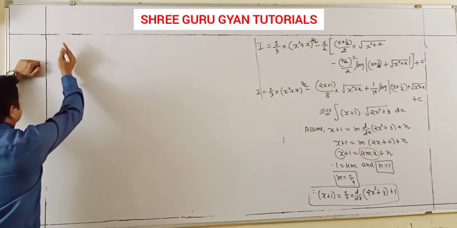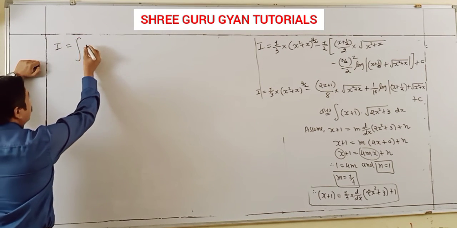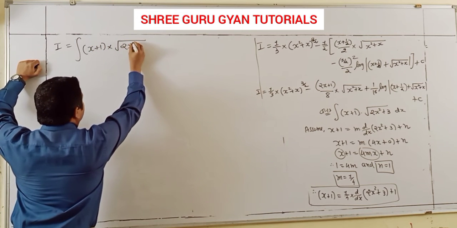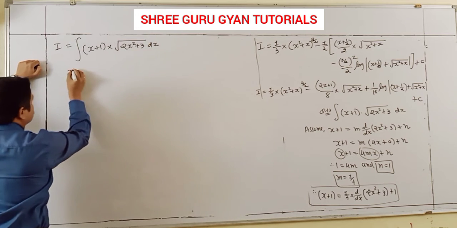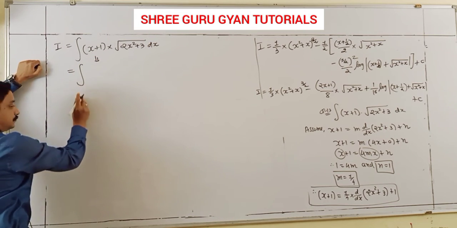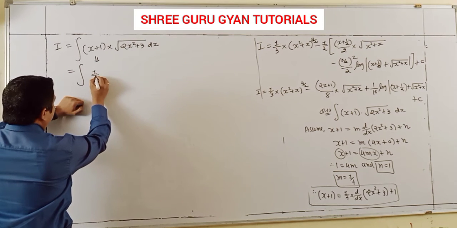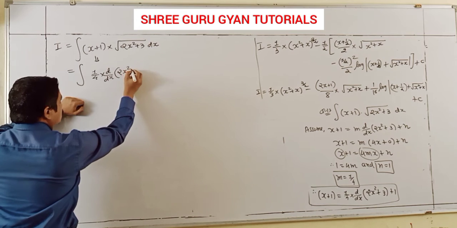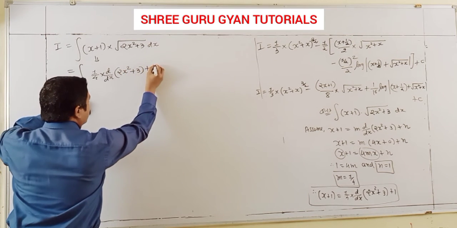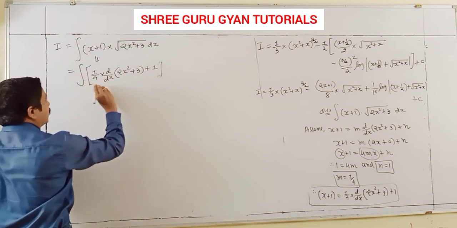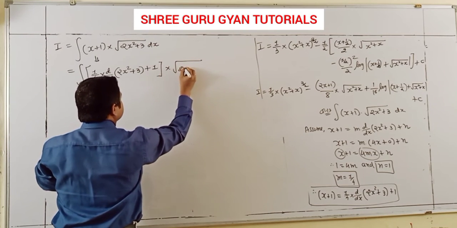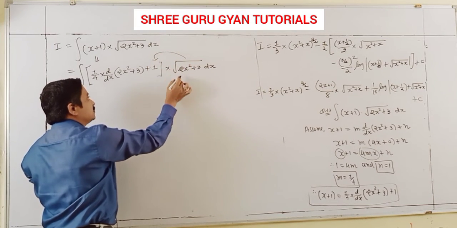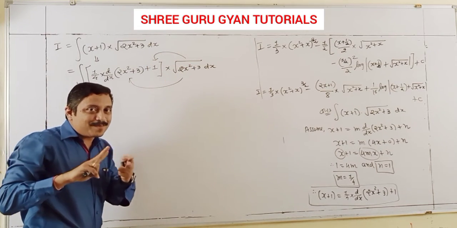So integration of x plus 1 with under root 2x square plus 3 dx. This value I know. Check: 1 by 4 d dx of 2x square plus 3 plus 1, and that is the same. Check here, this multiplication, that multiplication, 1 by 1.